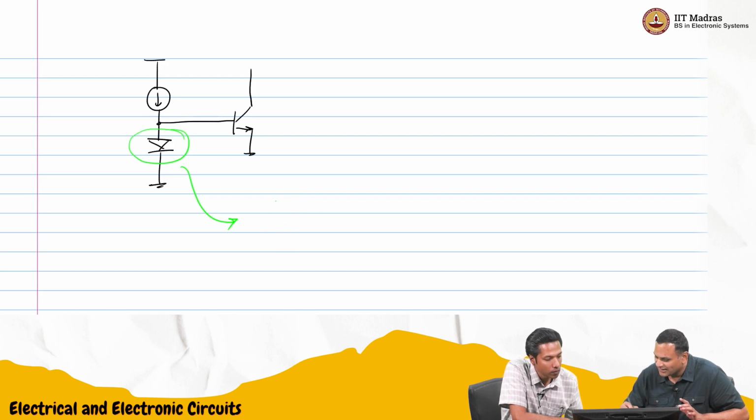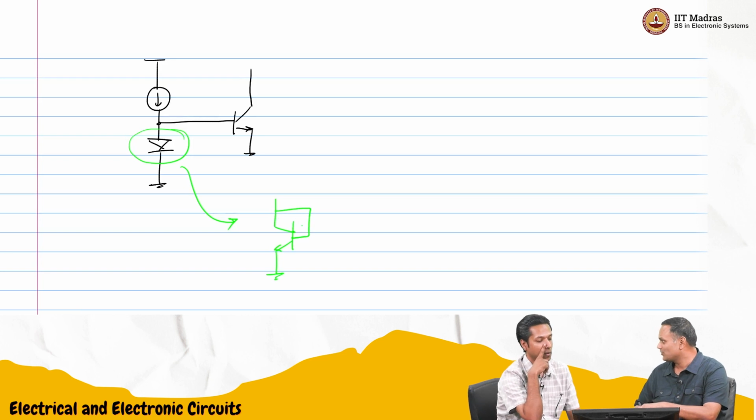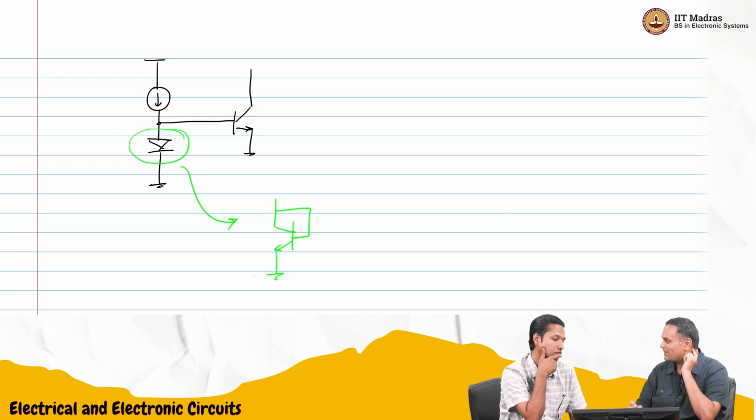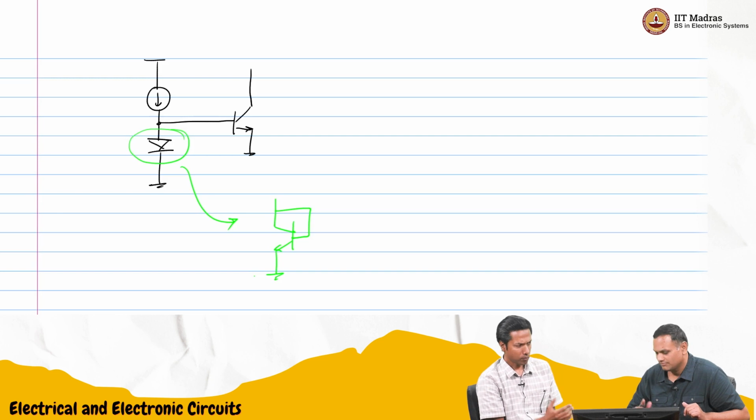So I'll draw it as a mirror so that it will be obvious. Something like this. You just connect the collector and the base together. So then the collector base junction is always zero biased. Base emitter junction will be forward biased depending on what current you put in. So it's a diode.